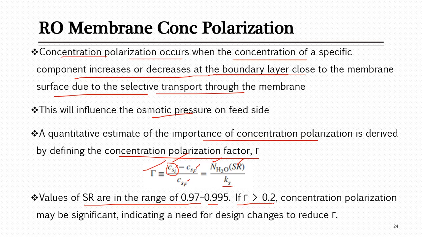And if the concentration polarization value is greater than 0.2, then concentration polarization is significant and it will create high osmotic pressure. Due to this, you will need to change the design of the system to reduce concentration polarization. So when you make the calculation and its value is greater than 0.2, it is important to remove those salts to reduce the concentration polarization or change the design of your system.